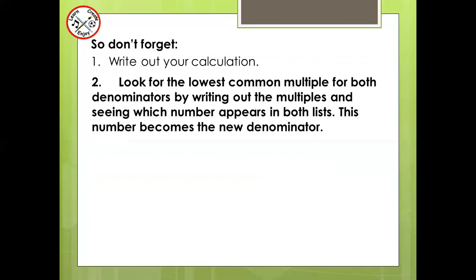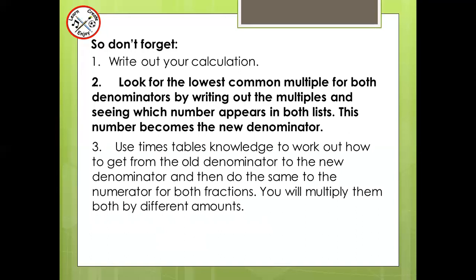So don't forget, write out your calculation. Look for the lowest common multiple for both denominators by writing out multiples and seeing which number appears first in both lists. This number is going to become your new denominator for both. This is your new fruit. Use your times table knowledge to work out how to get from the old denominator to the new denominator, and then do the same to the numerator.